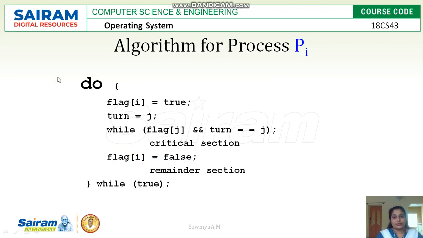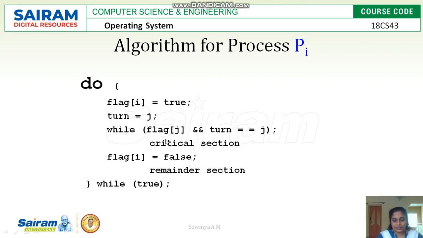The algorithm for process Pi under Peterson's solution: first, in the do statement, flag[i] for the process Pi is set to true, and turn is set to j. While flag[j] is true and turn equals j, the process waits. If the conditions no longer hold, then the process Pi can enter the critical section.